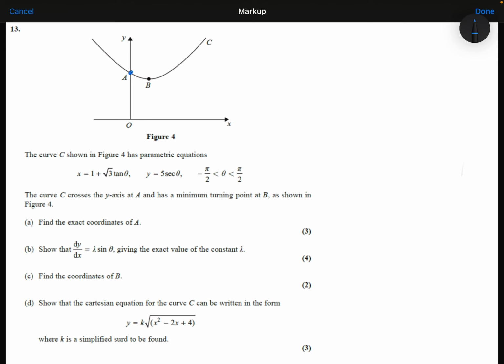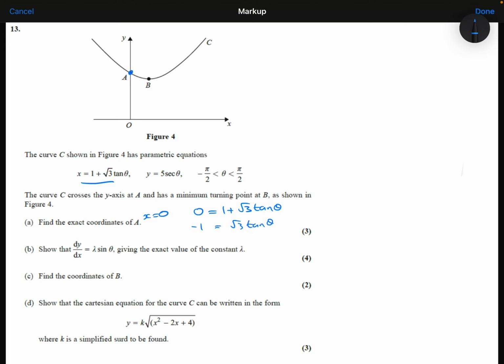So point A, that's where it intersects on the y-axis, so I know that is where x equals 0. So let me take the x parametric equation now and make the x equal to 0. And we'll rearrange that. So take the 1 away.